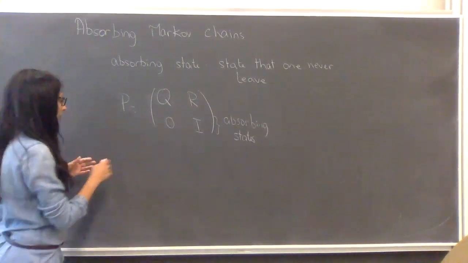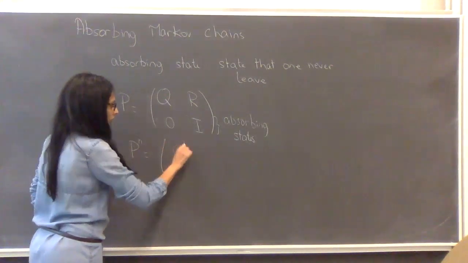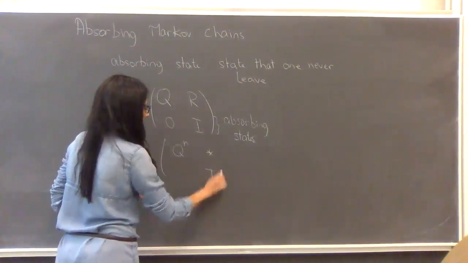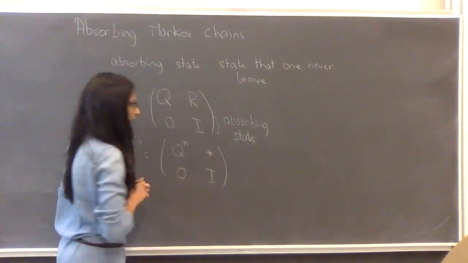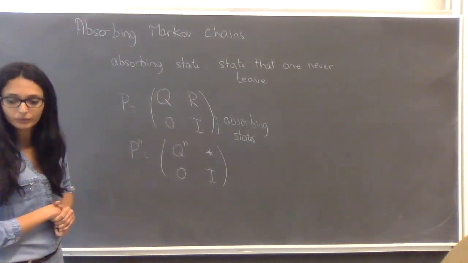So P to the power n is always equal to Q to the power n times a certain matrix, I and 0. 0 is not an element 0, it's the matrix 0.